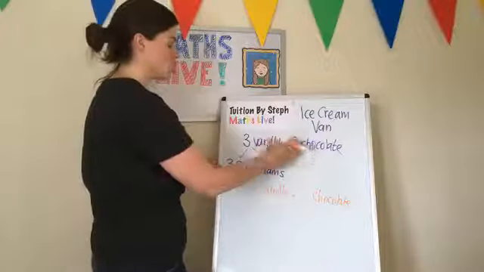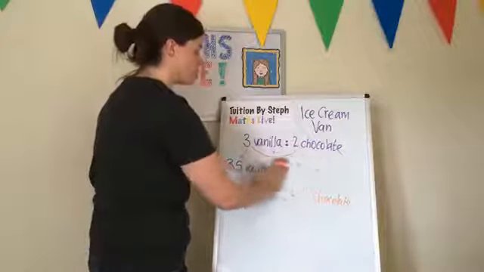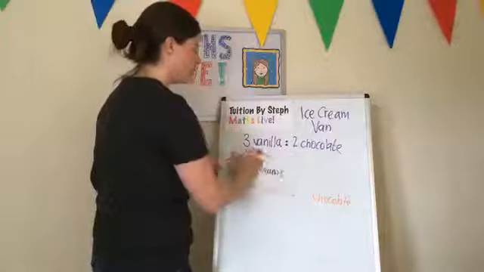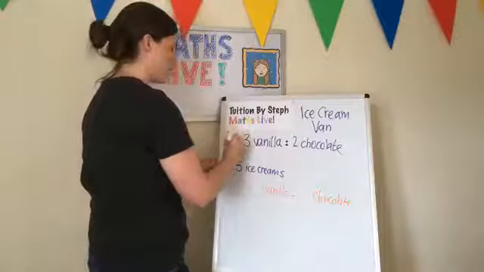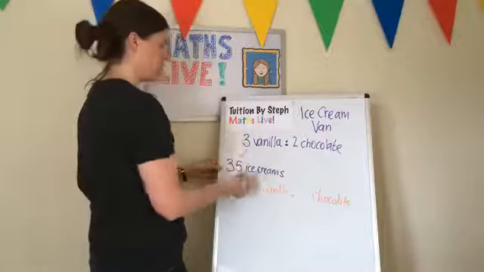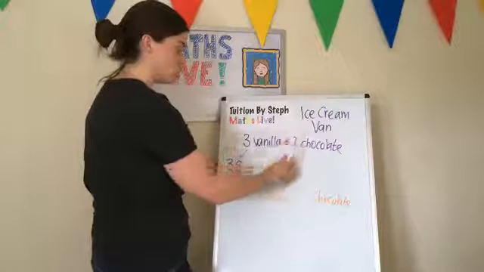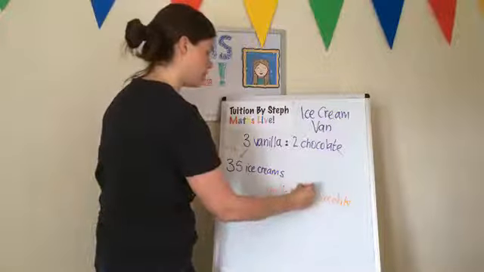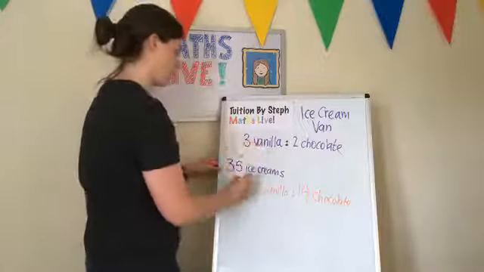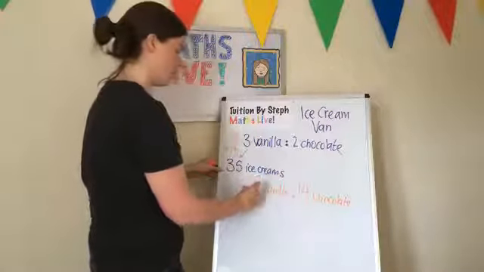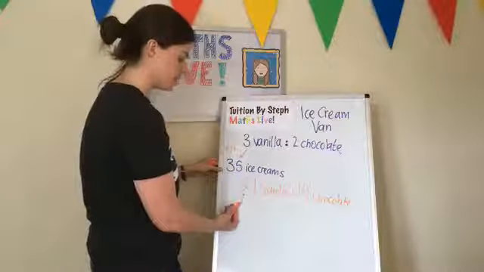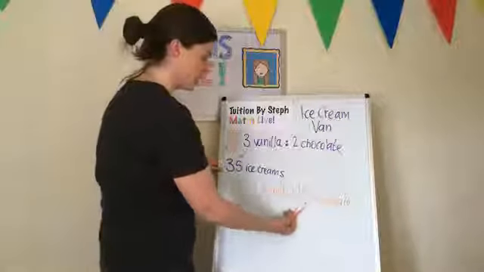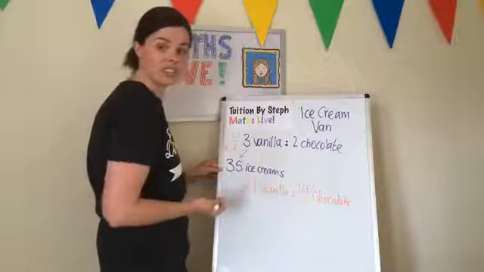So you then do the same to your current ratio. If you times 5 by 7 to make it into 35, do the same to the numbers you've already got. So 2 times 7 is 14, and 3 times 7 is 21. And then if you add 21 to 14, you get 35.